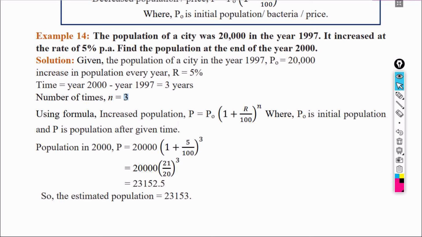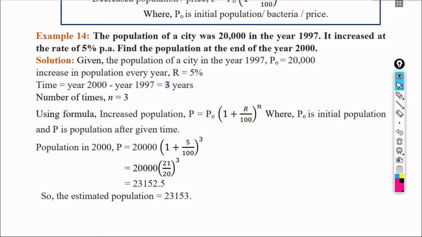Then use the formula to find the increased population. P naught is known, that is 20,000, the rate of increase is 5% per annum, and n equal to 3.